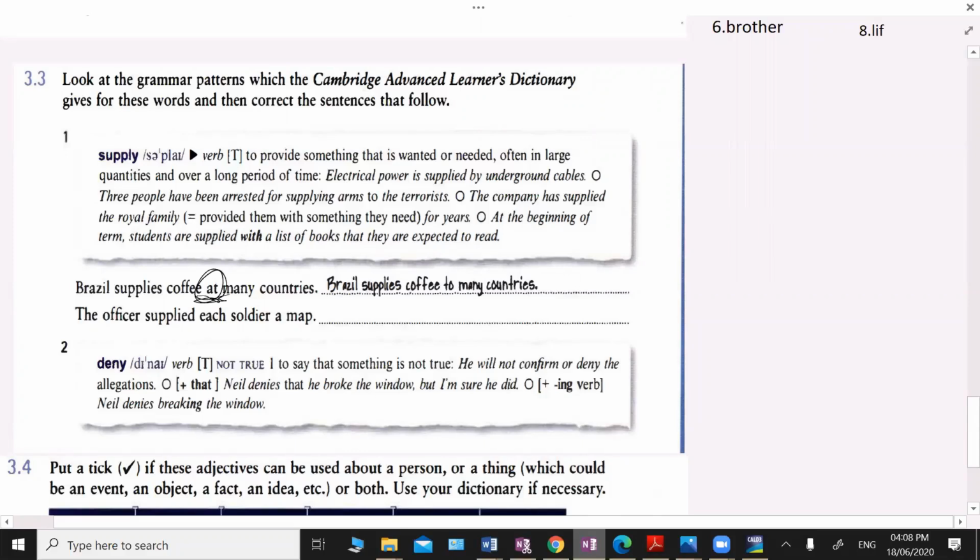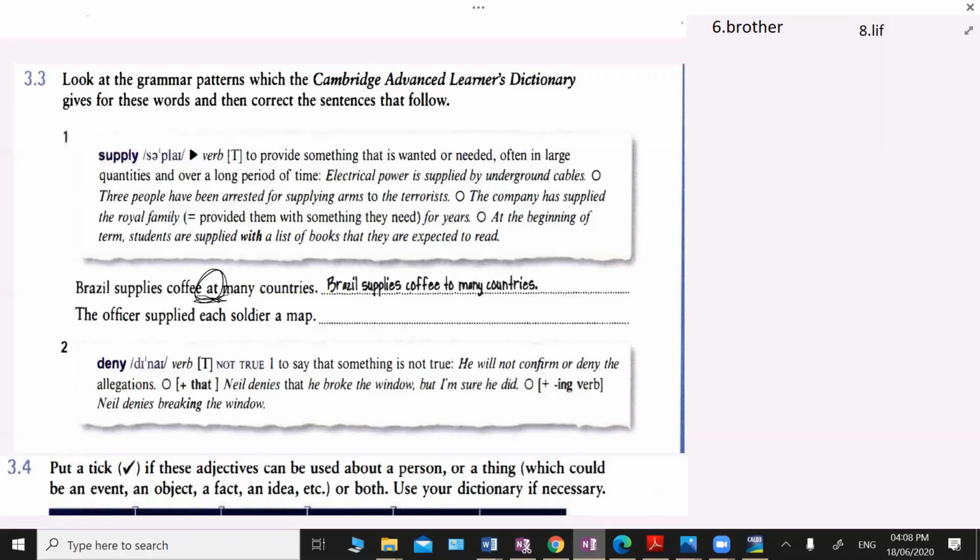Brazil supplies coffee to many countries. Okay, look at the second part here. Some words are in bold, meaning there is stress on that part. The officer supplied each soldier a map. Now, can you correct the mistake here?